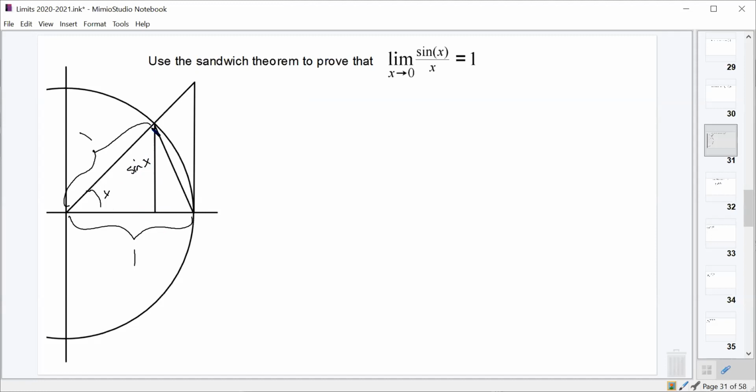Sine x in a right triangle is the opposite leg over the hypotenuse, right? Sine is equal to opposite over hypotenuse.